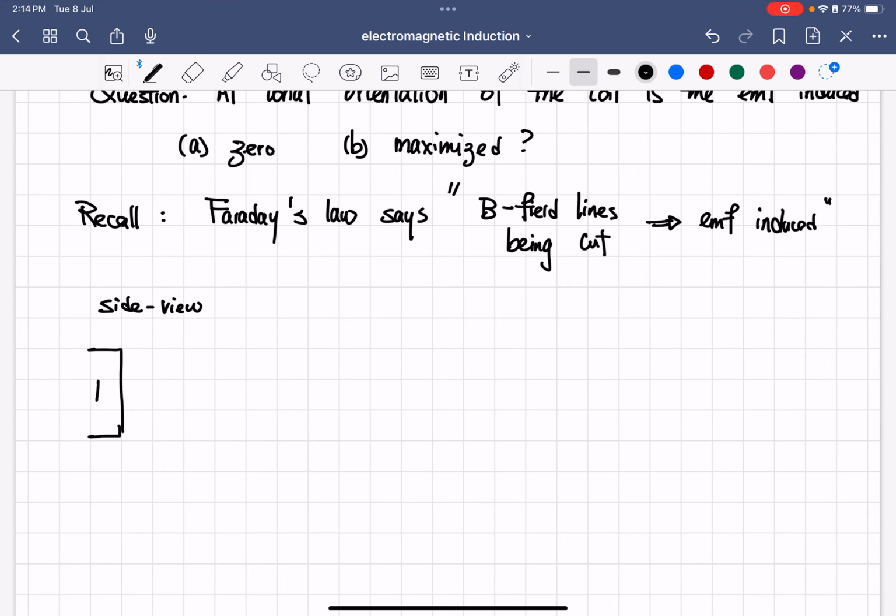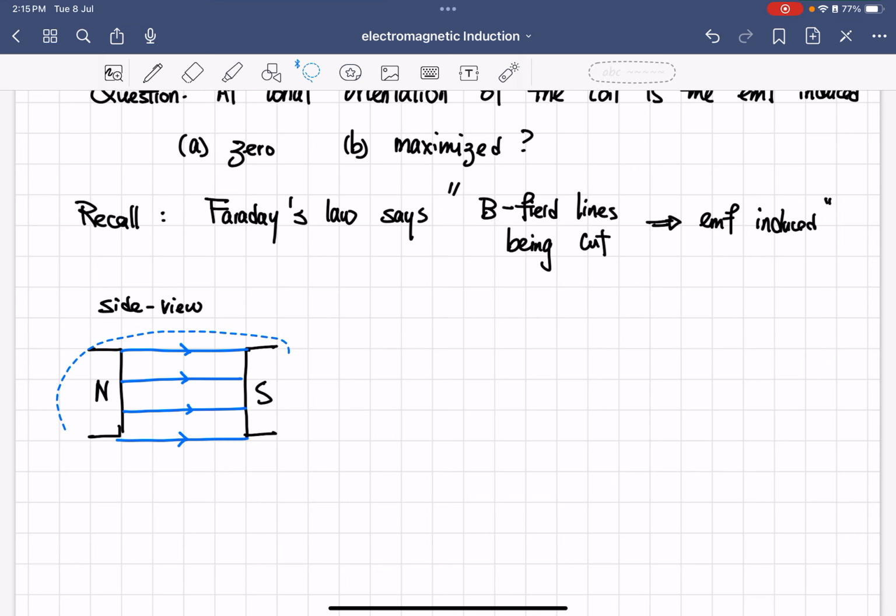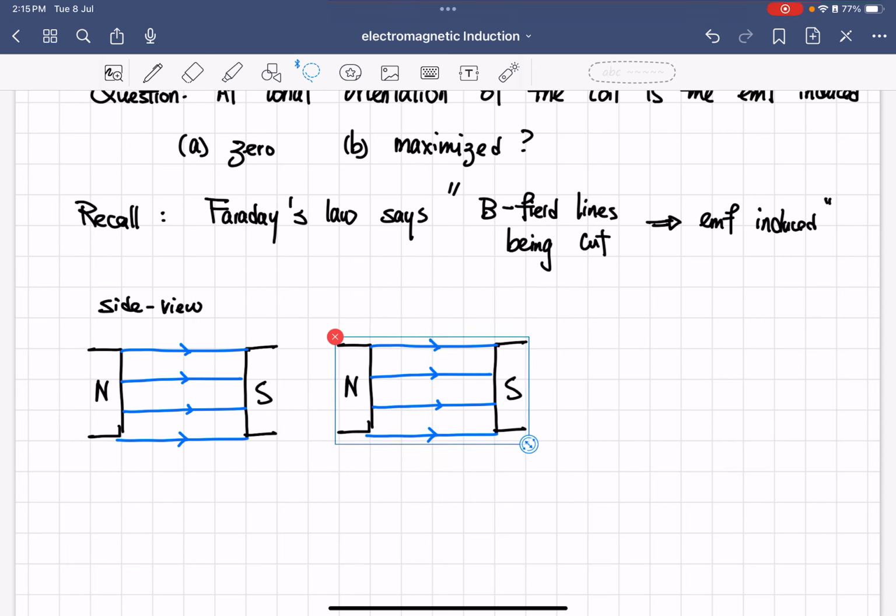One side is the North Pole, the other side is the South Pole, and the magnetic field lines go from north to south. The magnetic field is constant over time, even though the coil is turning.